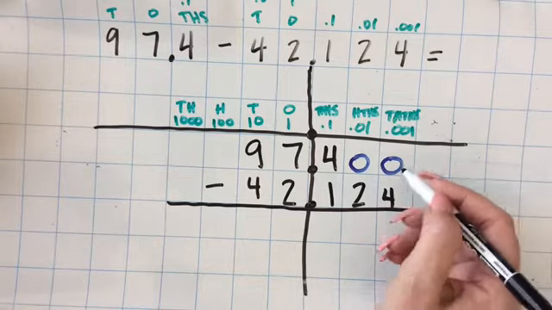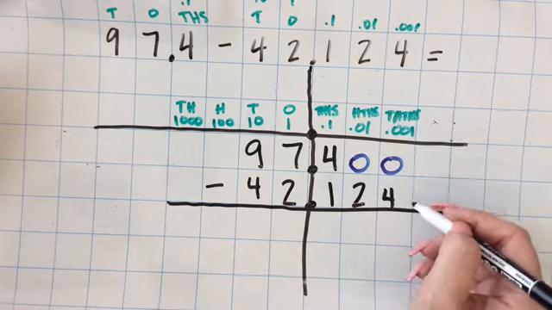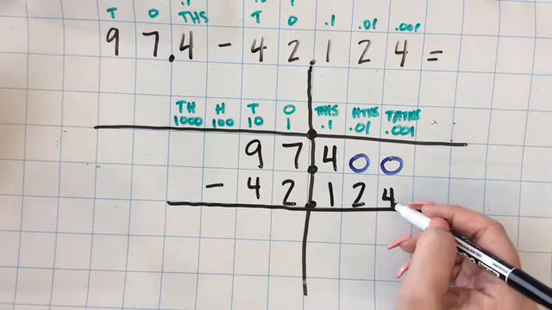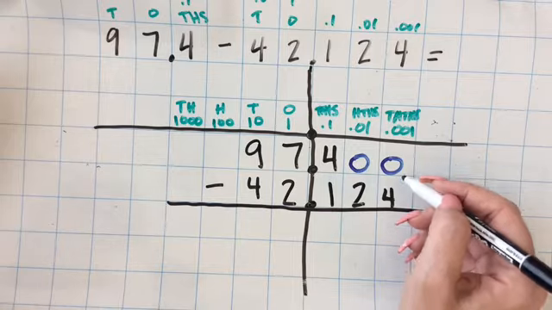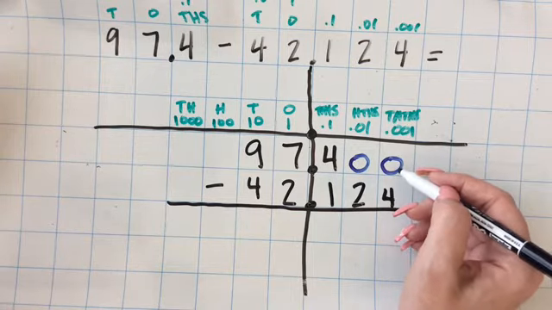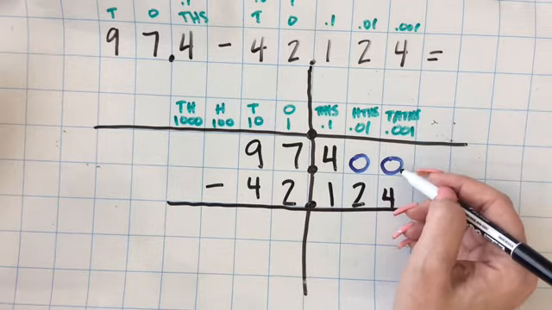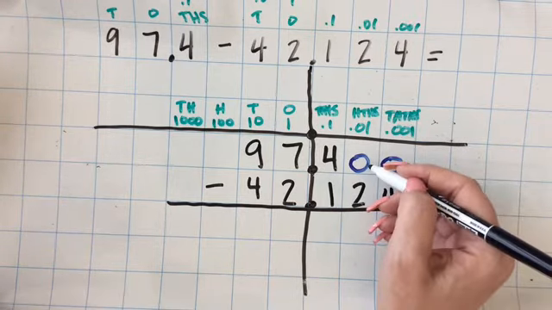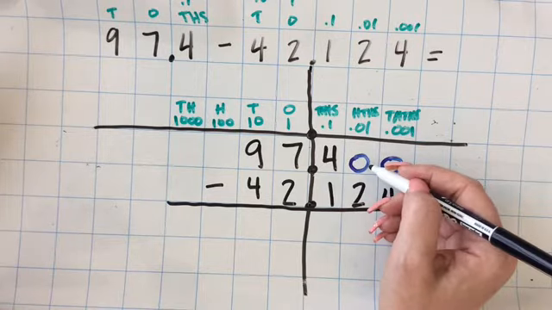Now I'm looking at my lowest place value, and I see that I have 4 in my thousandths place, but I have no thousandths. So I'm like, okay, I know I'm going to have to regroup. I'm going to my hundredths. I don't have any hundredths to regroup either.